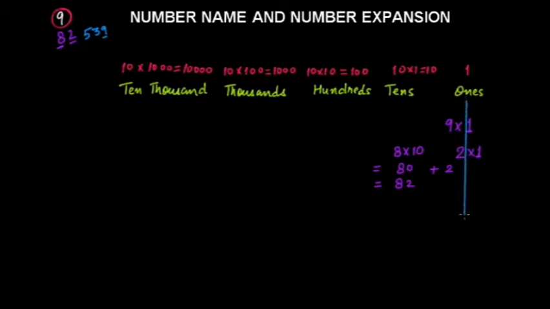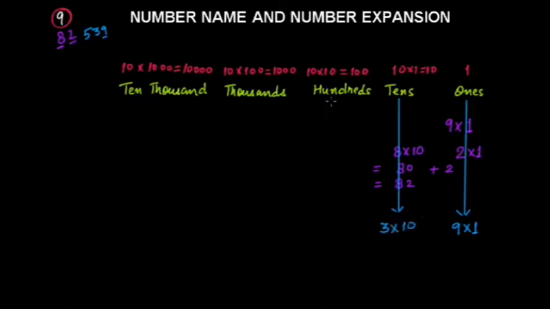Just want to explain to you. So this will come here, 9 multiplied by the value of the place. Then at the tens place will come 3 multiplied by its value.